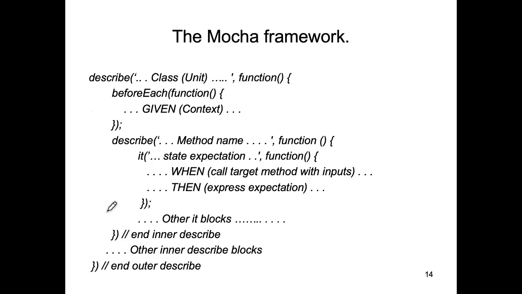Actually, for every aspect of testing that we're going to be looking at, whether it be unit testing, API testing, or end-to-end testing, this structure is going to reoccur in each of those cases, even though we're going to be using different frameworks for each of those particular levels of testing. They actually all follow the same structure. And that's beneficial because we only need to grasp and understand the structure once, and we get to reuse it in different levels of testing.